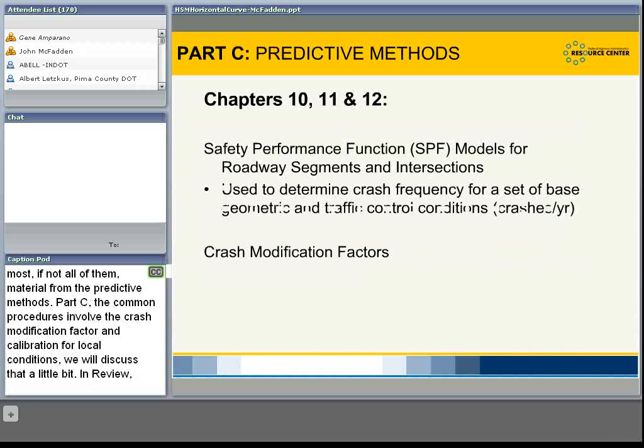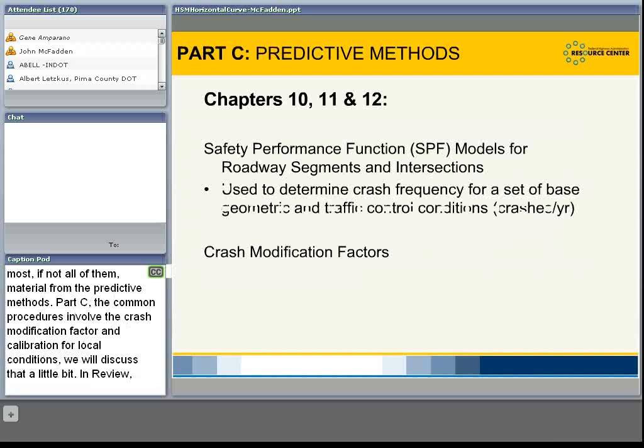That's equal to the number of crashes predicted by the safety performance function, N sub SPF for that roadway segment RS, multiplied by crash modification factors, which reflect the prevailing conditions for the roadway segment we're dealing with.